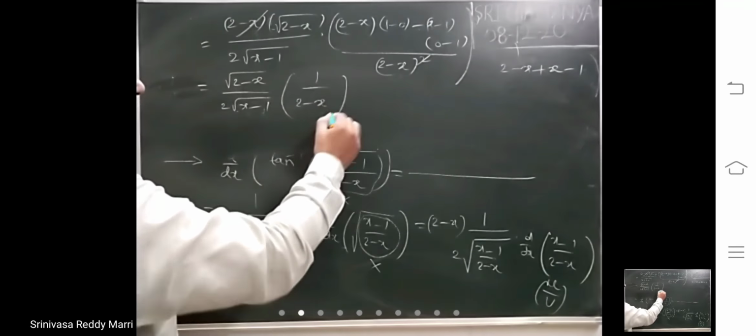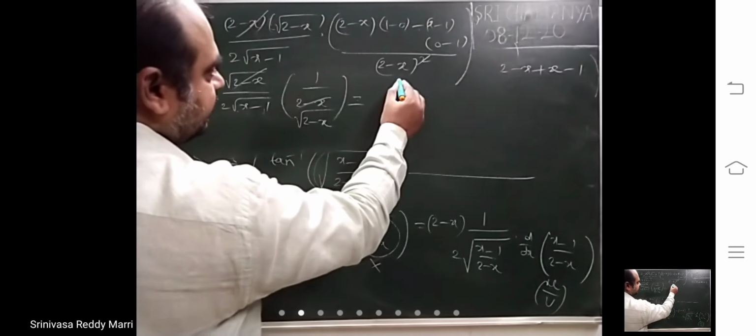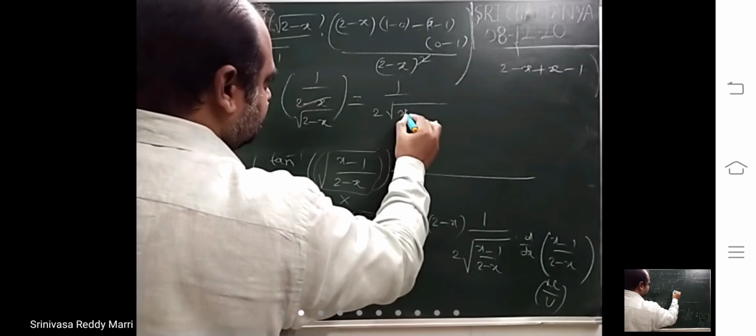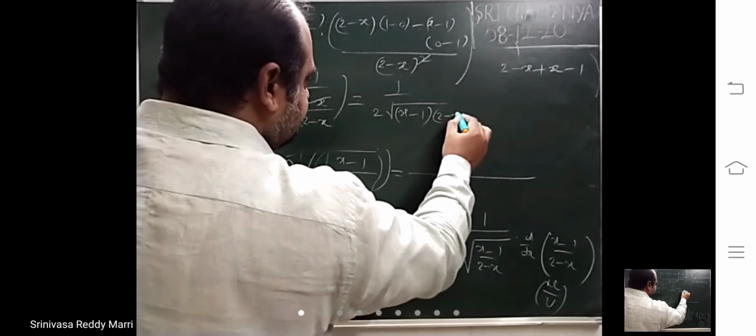So this will strike off with this root of 2 minus x. Right? So what is the answer now? 1 by 2 into root of (x minus 1) into (2 minus x). So that is the answer.